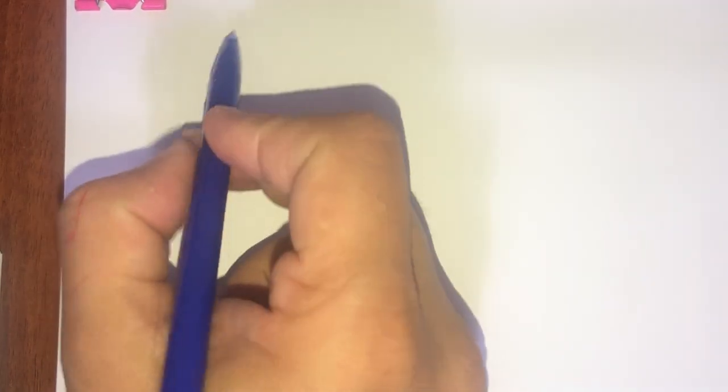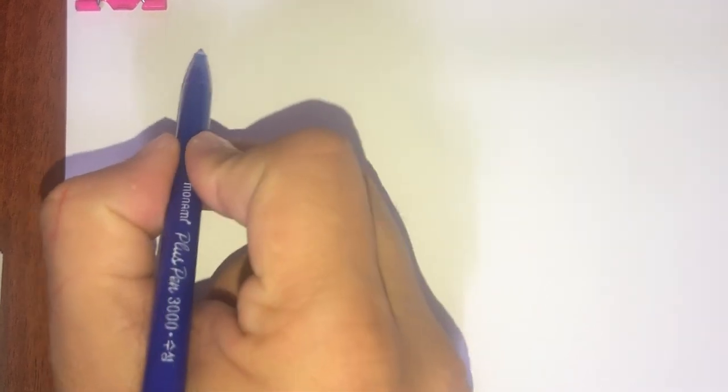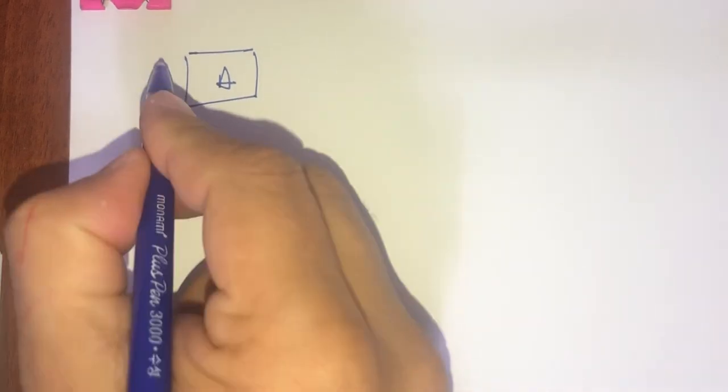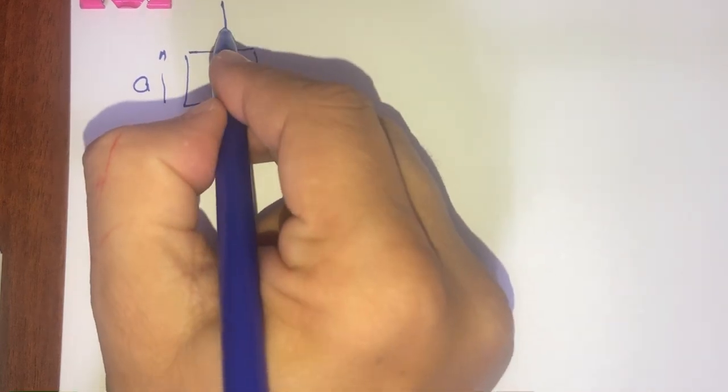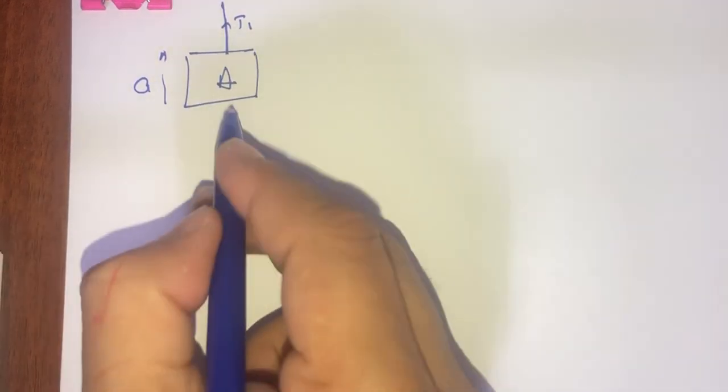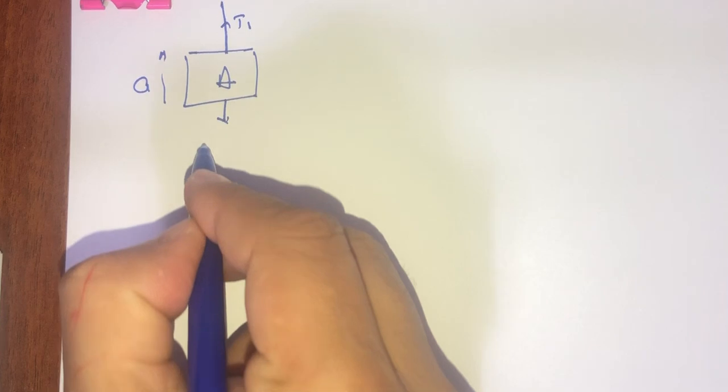Now we are going to draw the free body diagram of all the masses, including the pulleys. If we draw the free body diagram of block A, this is A moving in upward direction by acceleration A, and there will be a tension T1, and M1G will be acting in downward direction.